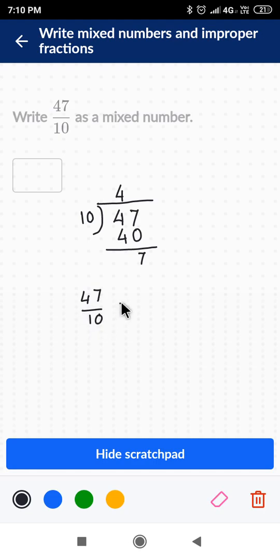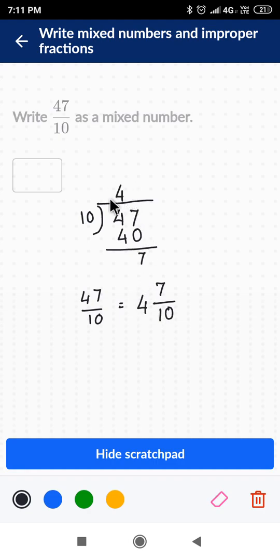is equal to, first we write the quotient, that is the number of full pieces we get, and then we write the remainder and the size of the piece, which is the denominator. So this 10 comes here.